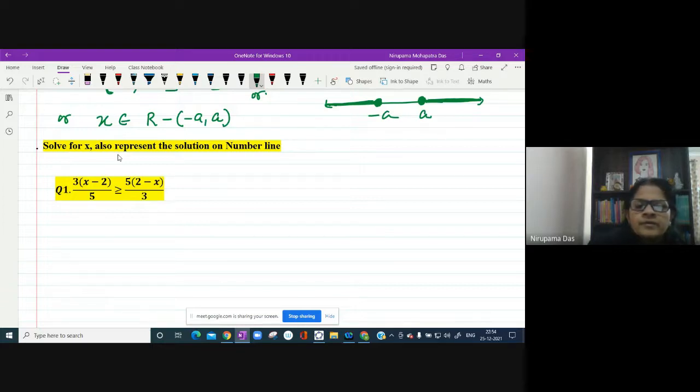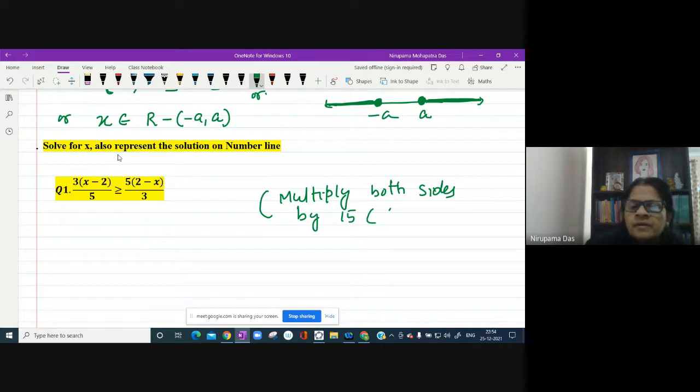So the first step is to eliminate the denominator. Step 1 is to multiply both sides by 15. Why 15? It is the LCM of 5 and 3.